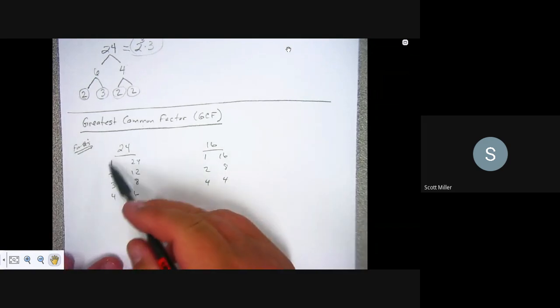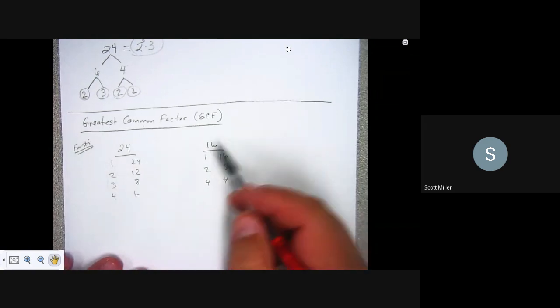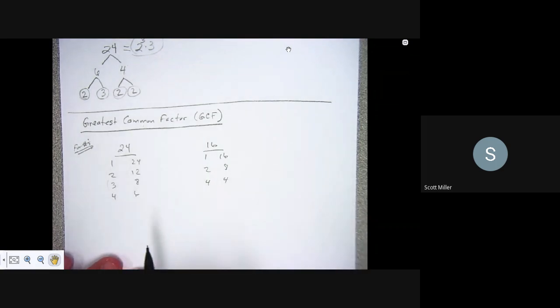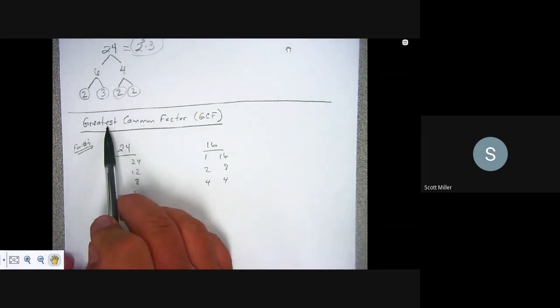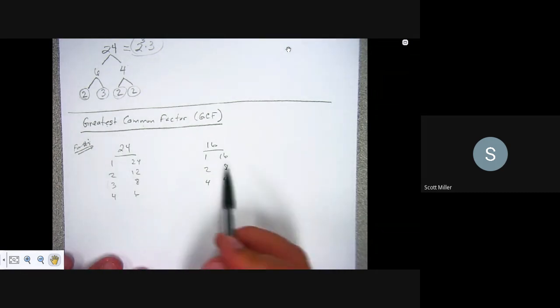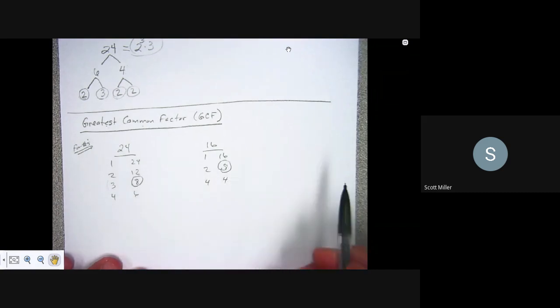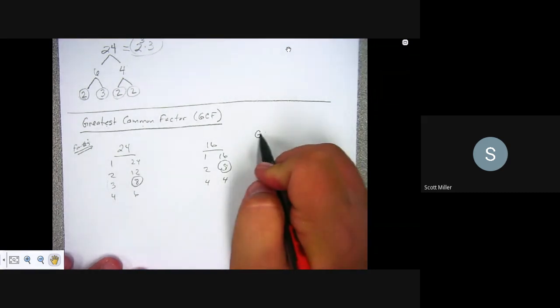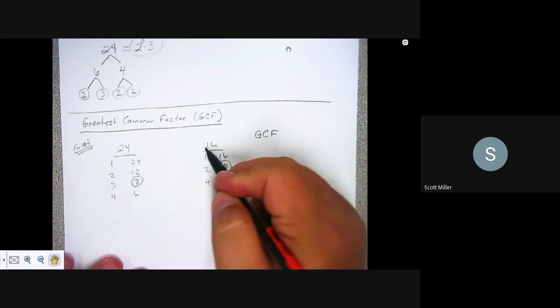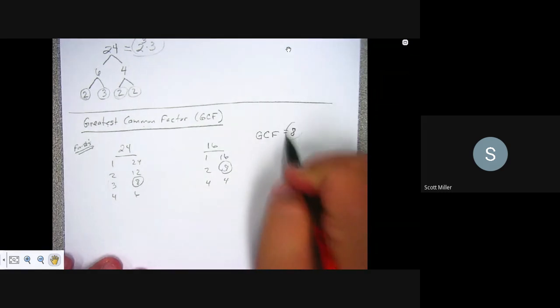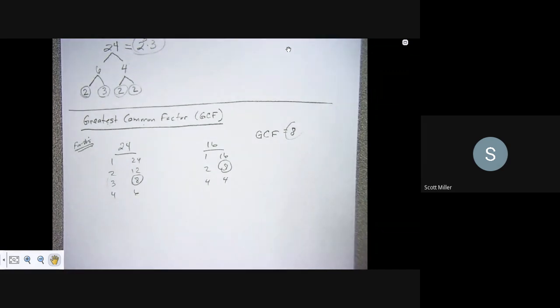So these are the factors of 24. These are the factors of 16. Common means it has to be in both lists, not counting 1. You never take 1. And the biggest one that is in both lists, as we go through this and look, we see that 8 is in both lists. So your greatest common factor for 24 and 16 is 8. That's how you would do it with numbers.